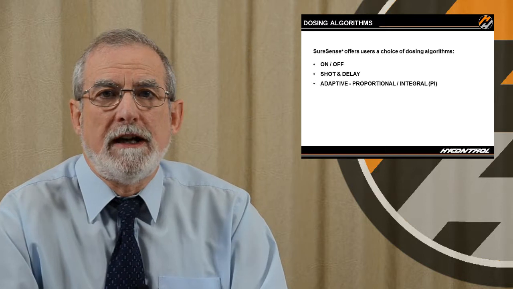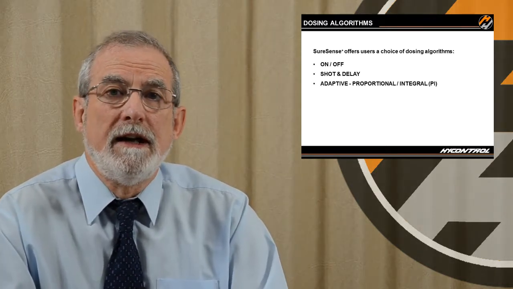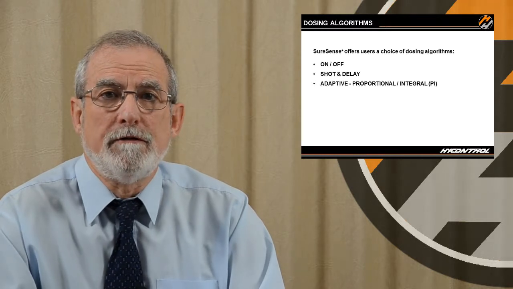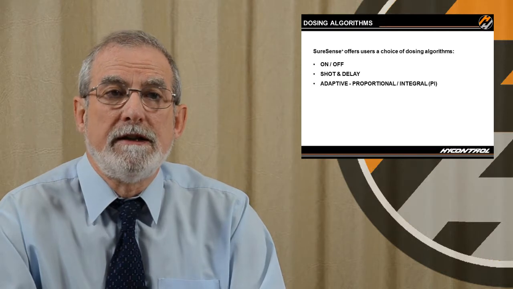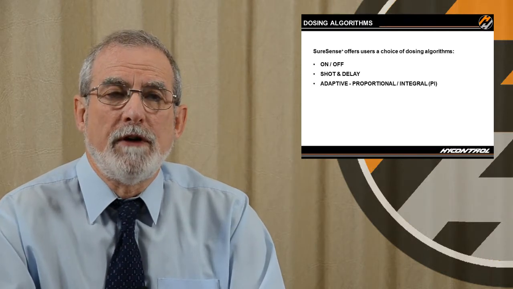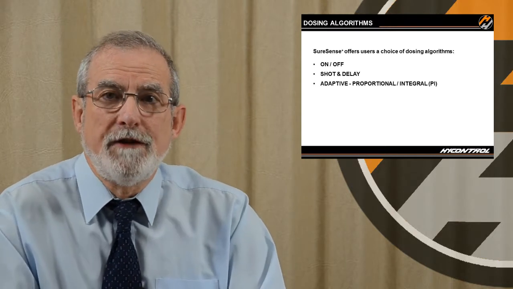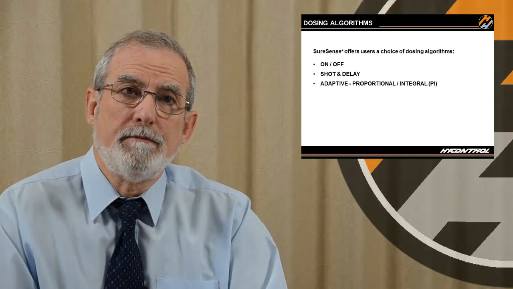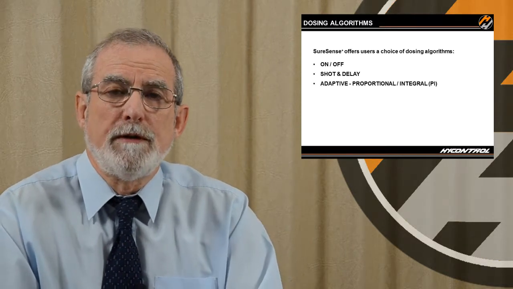Secondly, there's a shot and delay algorithm, which is a very common one that we've used for many years and is very commonly used for foam control. So basically it works by having an initial delay when the foam's first measured to be sure that foam is really there. And as long as foam's measured for a fixed period of time that can be adjusted, then it will do something.